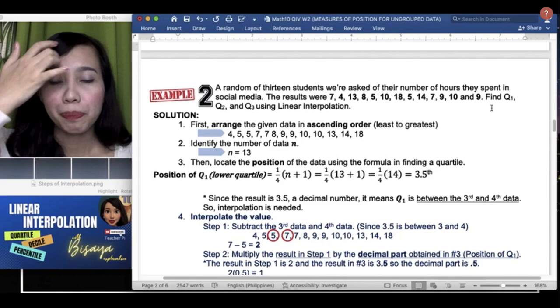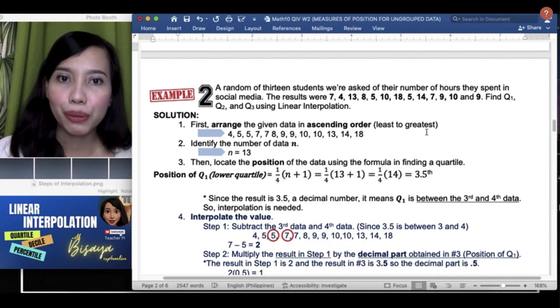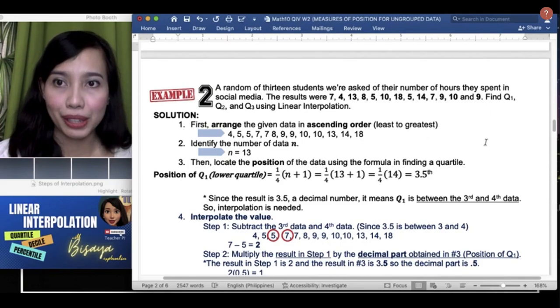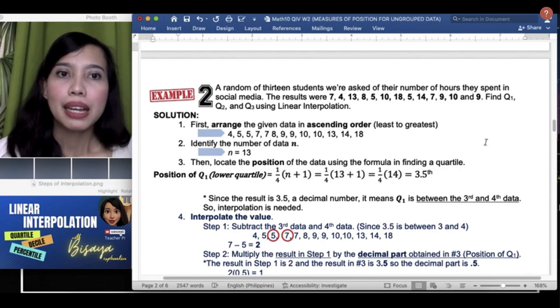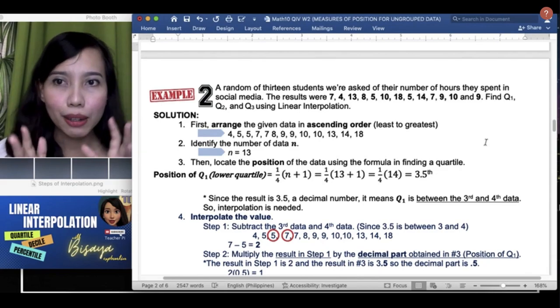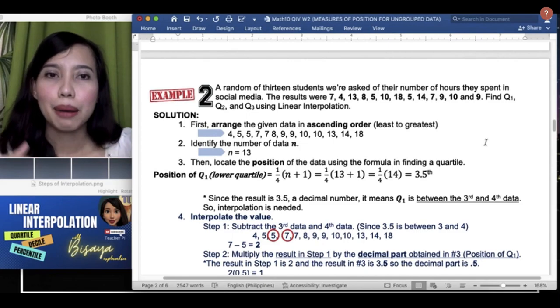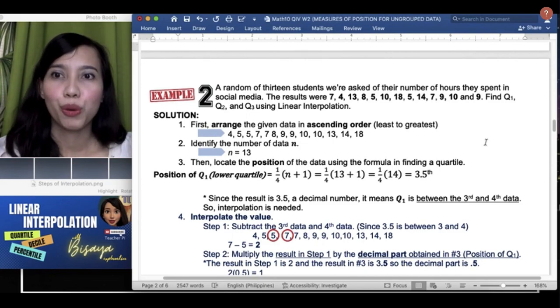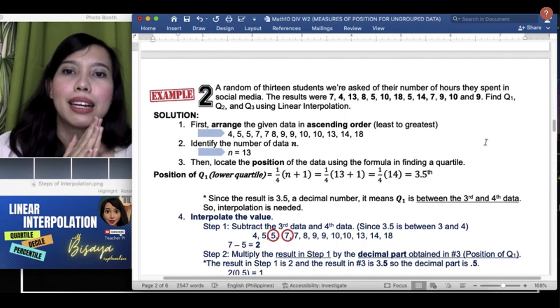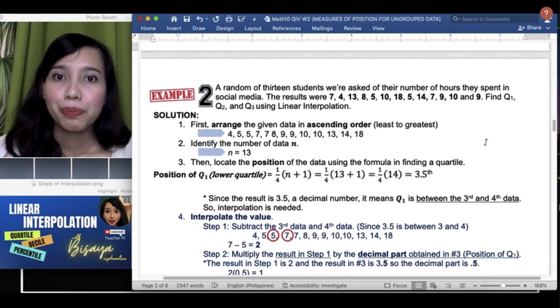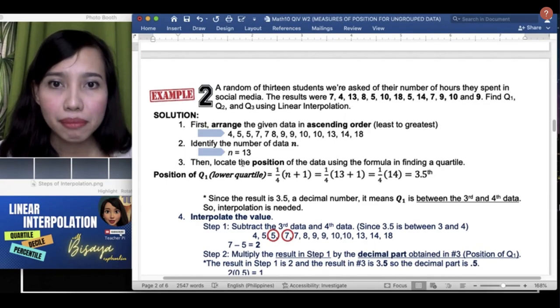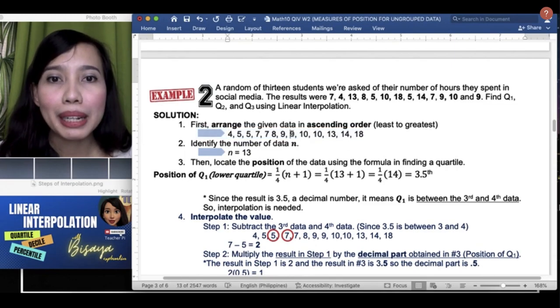Solution. First, we have to arrange the data in ascending order. That's what you learned in the previous video. Least to greatest, from the smallest to the largest. Step 2, identify the number of data, n. After you arrange, count how many there are.